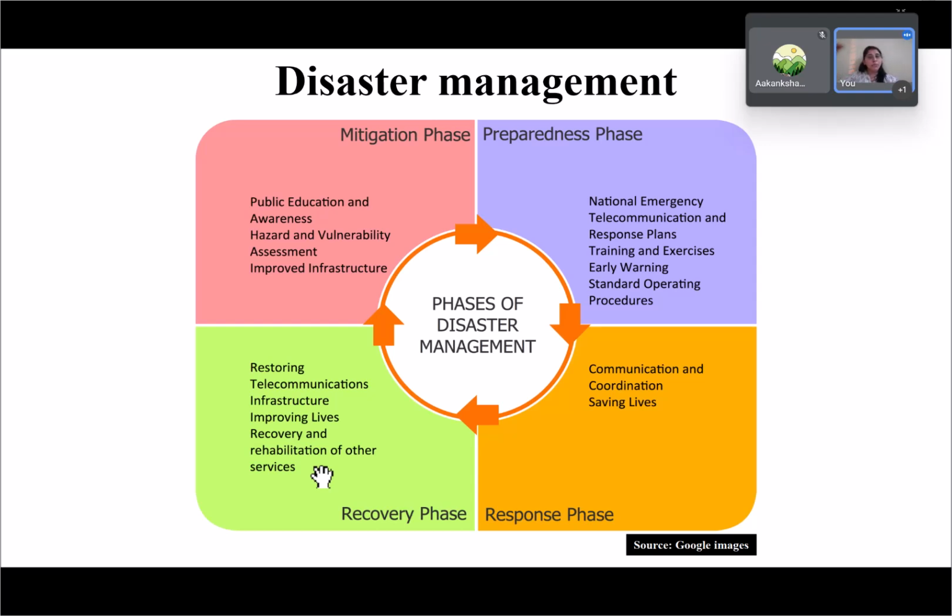All the services, remember, you have communication, you have transport, everything gets disrupted in disasters, and the society or the community needs to be very well equipped so that they can recover from this at a very quick pace so that they come back to normal life in real time, right?